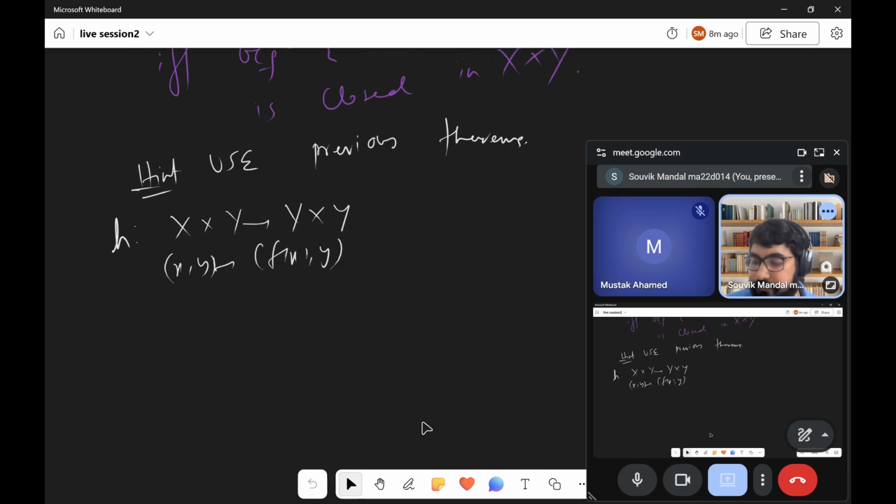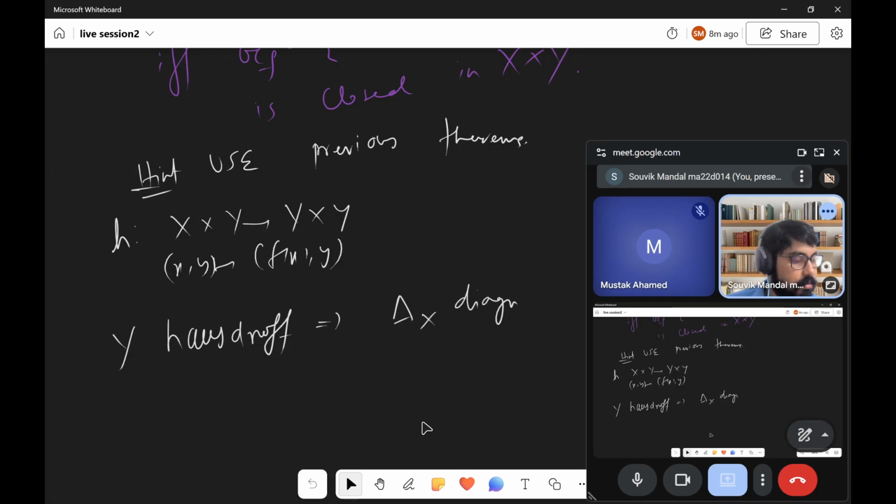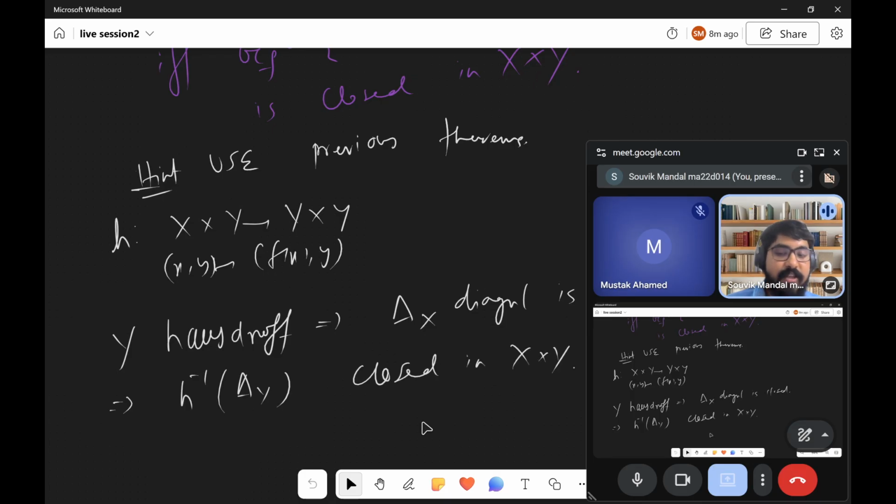Okay. Now since Y is Hausdorff, its diagonal is closed. That implies H inverse of the diagonal of Y is closed in X cross Y, correct?